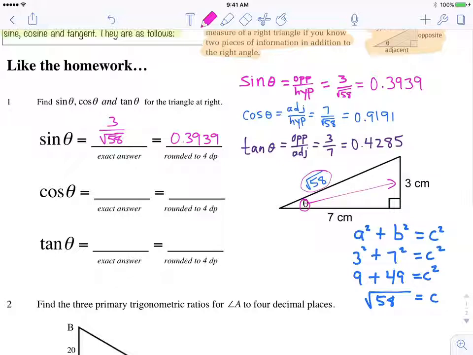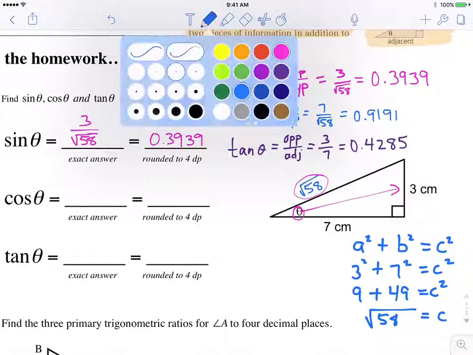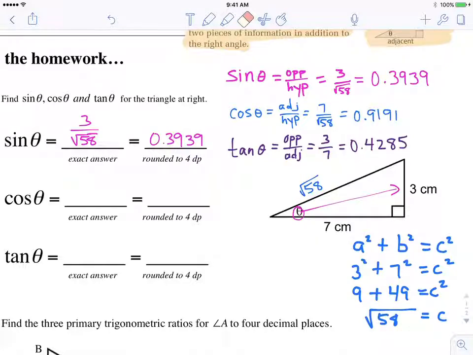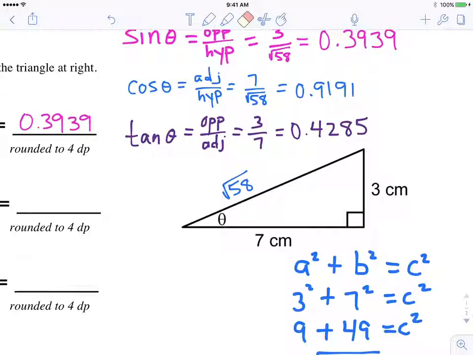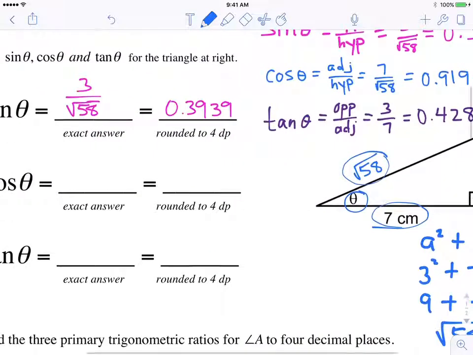Here, the next part asks us for cos of theta. The cosine of that same angle is adjacent over hypotenuse. We're looking here now at this side. So adjacent to the theta is the 7. Adjacent over the hypotenuse is 7 over the square root of 58. As you can see, I wrote that there, so that would be our exact answer.